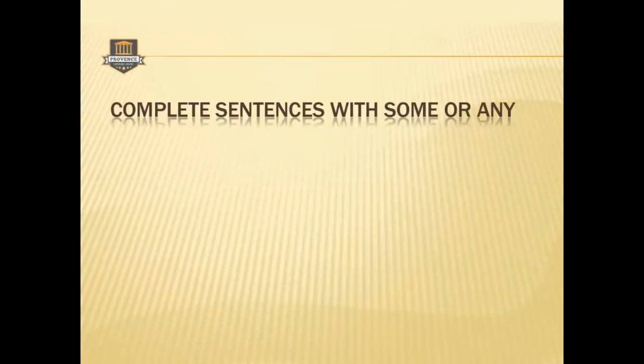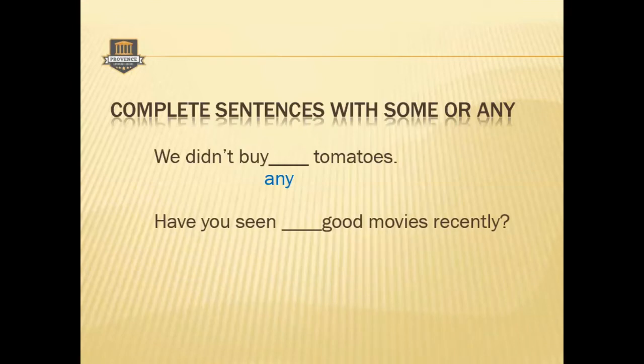Now, some exercises from the booklet. We have to complete sentences with some and any. We didn't buy dots tomatoes. Tomatoes here is a plural countable noun. And we have didn't, we have negative. Do I use some with the negative? No, of course I use any. The other sentence, have you seen dots good movies recently?